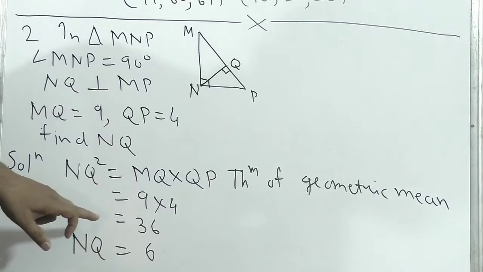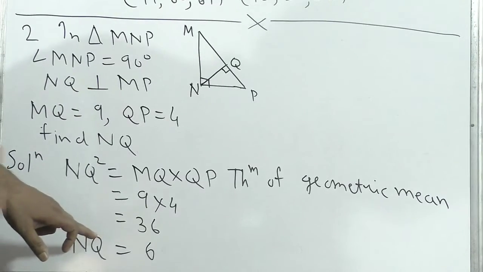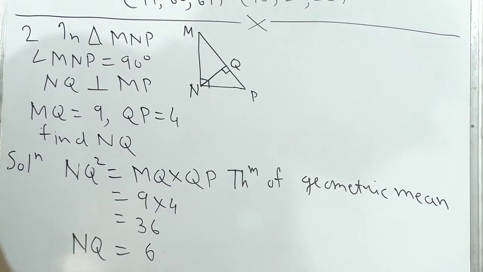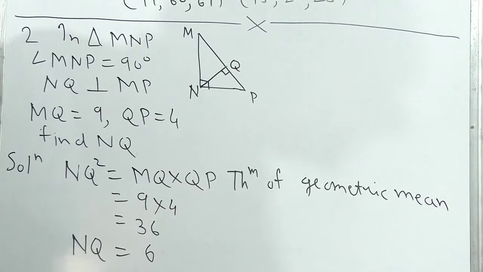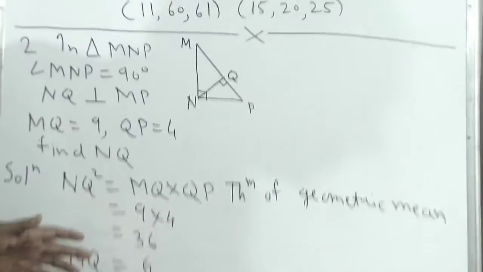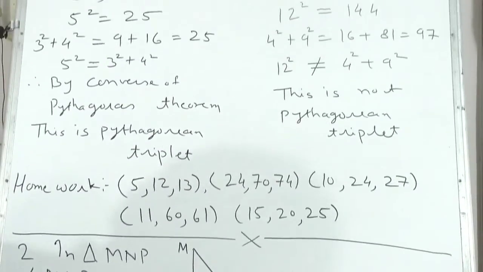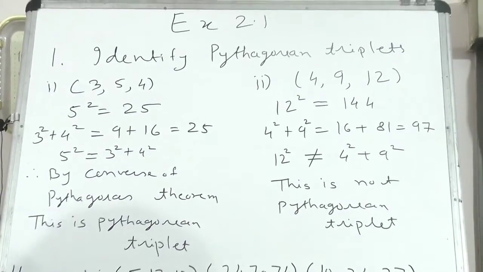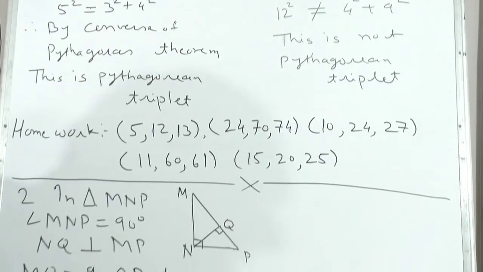NQ square is 36. So NQ equals, what is the root of 36? 6. Right? Understood? Any doubt? Shall we go ahead?